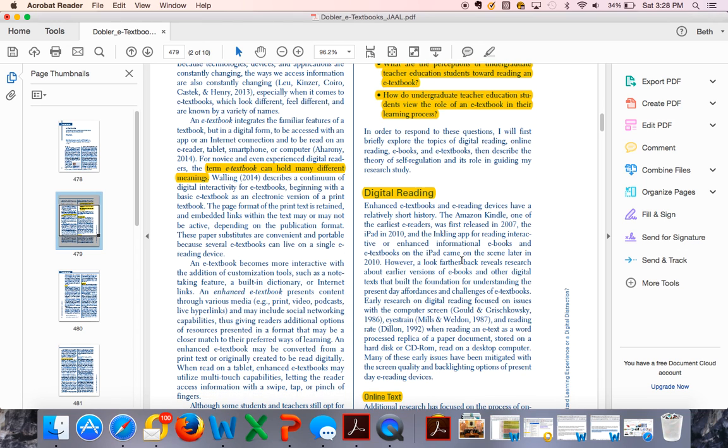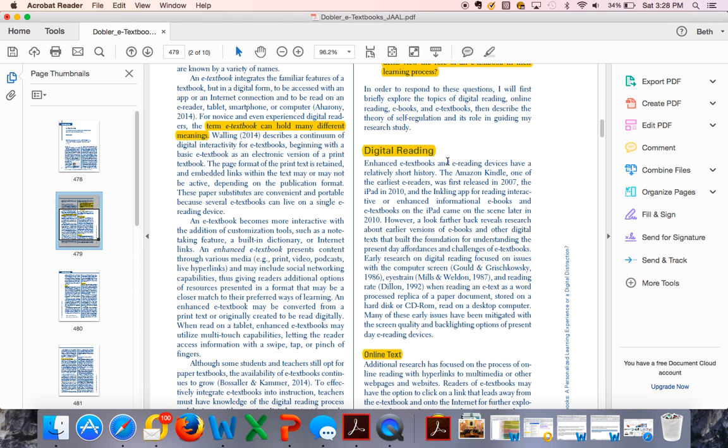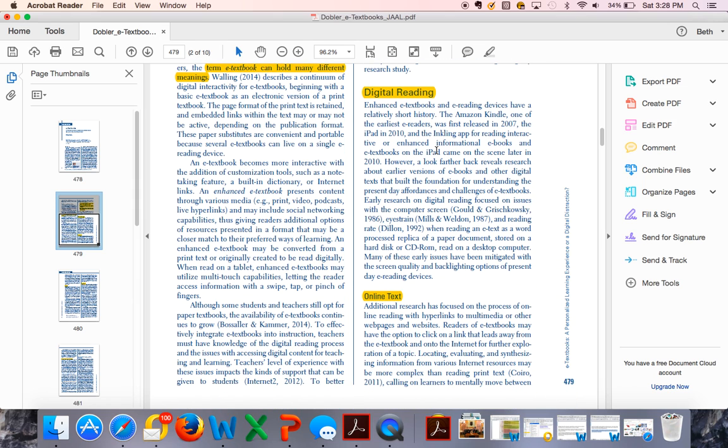And then I jump in. My headings right here are basically my organizational schema for the literature review. And you might notice something about these headings. I hope you do as I'm talking about them, because you've seen these just a couple minutes ago. The headings are my topics.